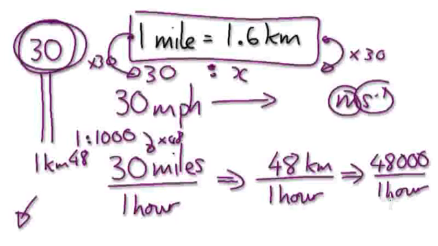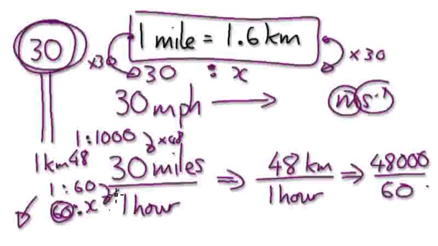So rather than saying you can do 30 miles in 1 hour, just say you can do 48,000 meters in 1 hour. Now there are 60 minutes in 1 hour, so let's change the 1 hour into 60 minutes. There are 60 seconds in 1 minute. Now that you've got 60 minutes, how many seconds will you have?